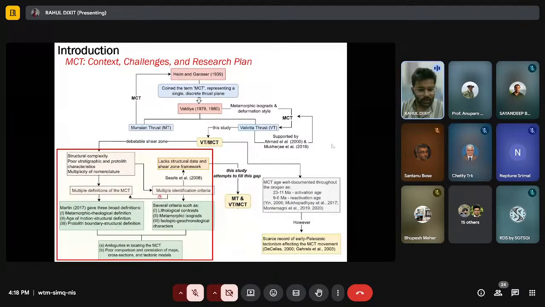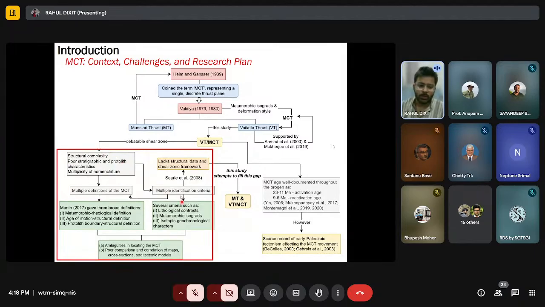But we see that, because of these several complexities, several workers use different identification criteria to identify the main central thrust. Some of these criteria are the lithological contrast across the thrust, the metamorphic isograd across the thrust, or the isotopic and geochronological characters.